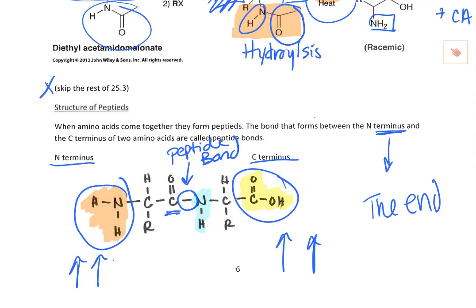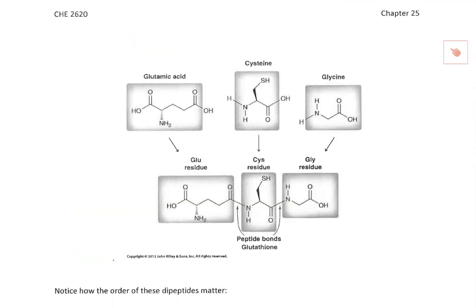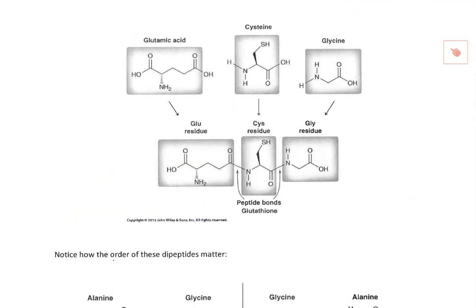So let's look at some individual amino acids coming together to form a peptide. So here's 3 amino acids that are coming together to form a peptide. When we look at this, we can start to consider a couple of things here that we've already talked about, but it's worth a review.